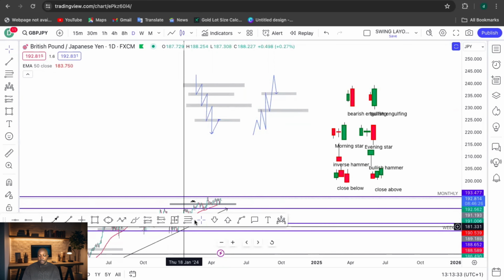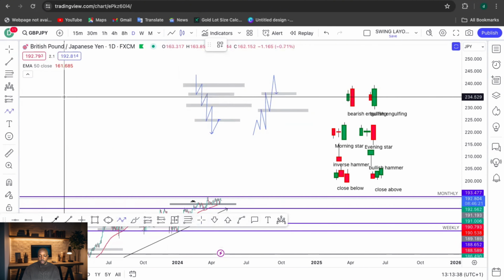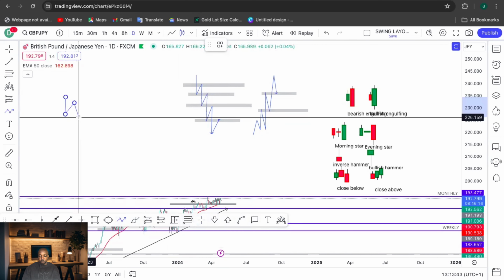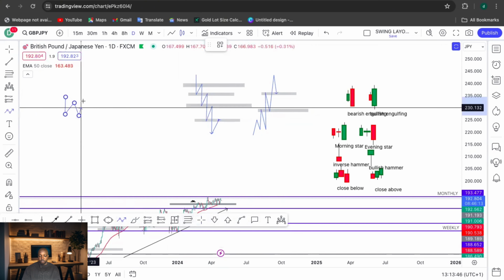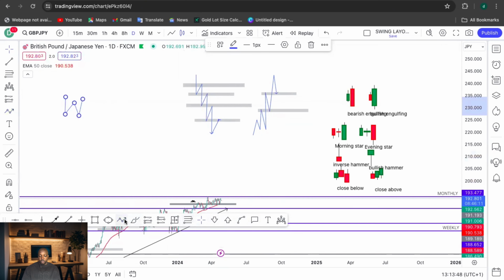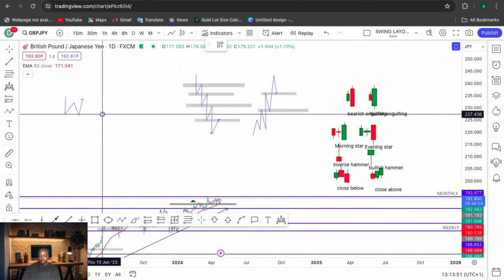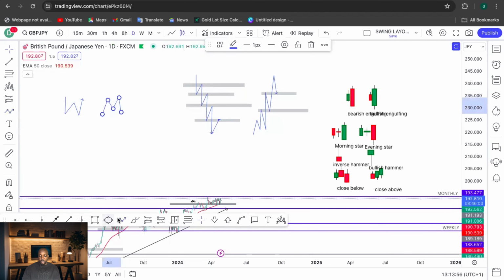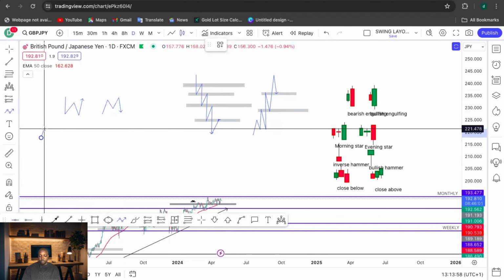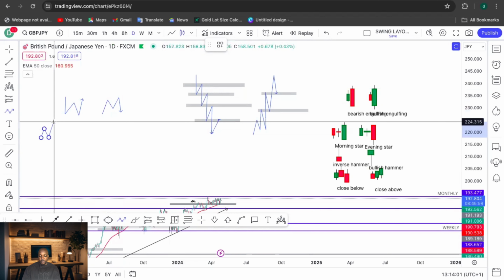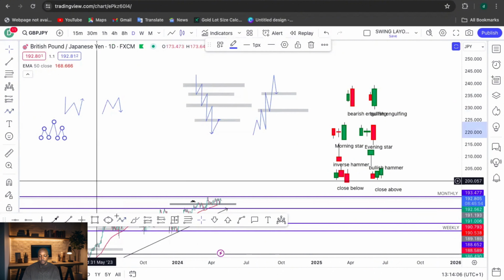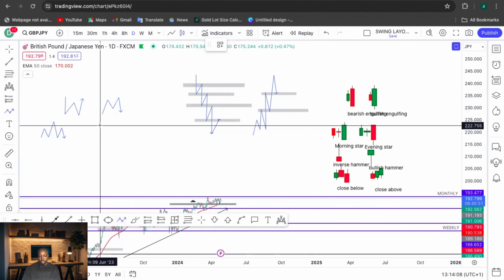Now we also talked about the chart patterns that we look to enter. We are looking at double bottoms, double tops, head and shoulders, and inverse head and shoulders.